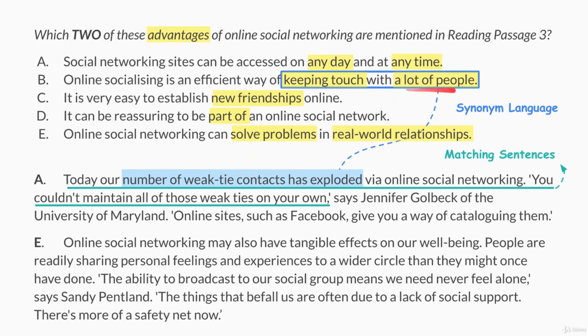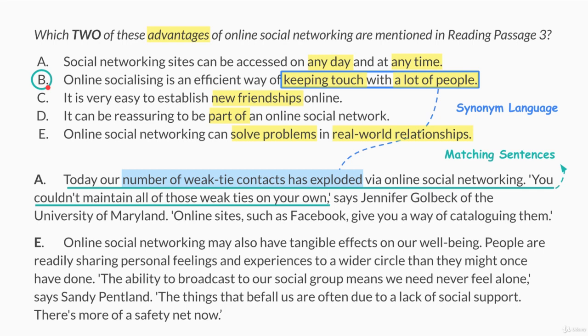So the number of people with whom we are connected has exploded. That is synonym language. So the correct answer here is going to be B. That is one of our correct answer choices.